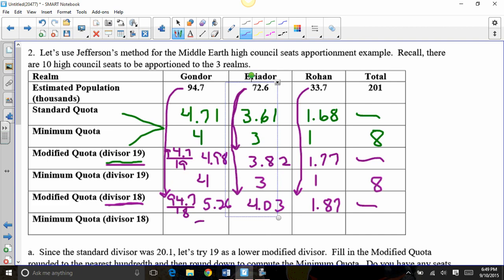Round all of those down, picking your whole numbers, 5, 4, and 1. Add across now. Of course, that's all 10 seats being allocated. That would be how Jefferson would have allocated those seats.